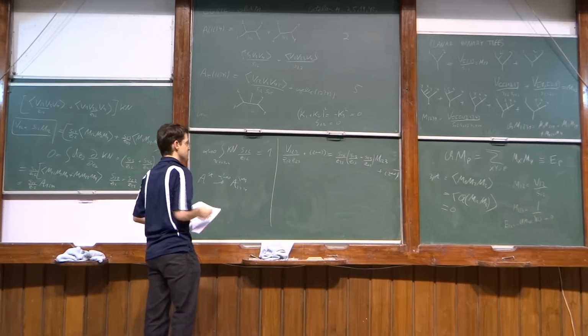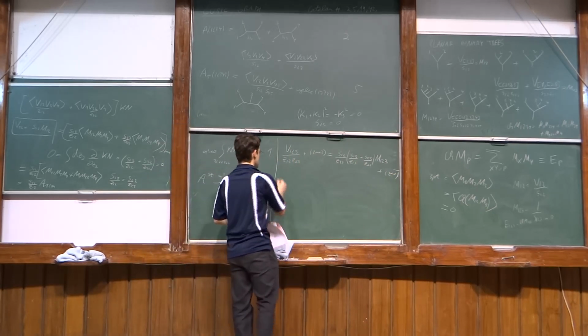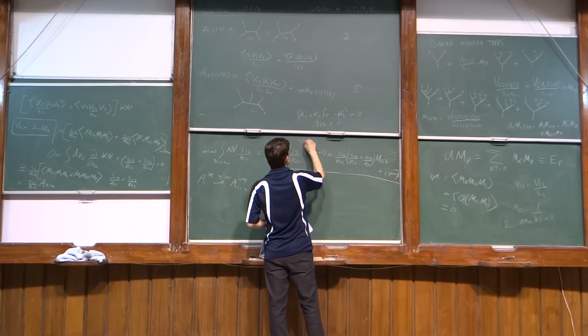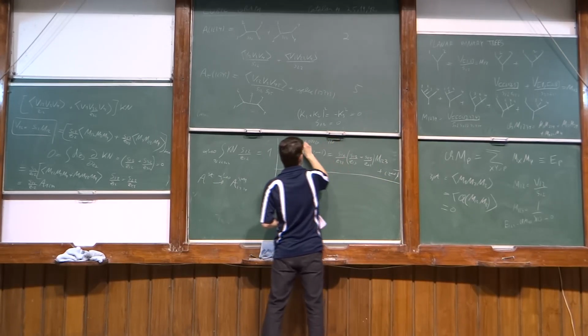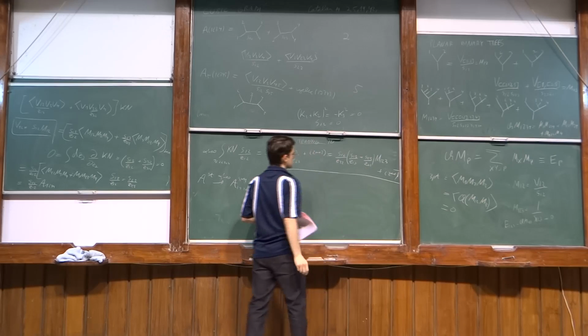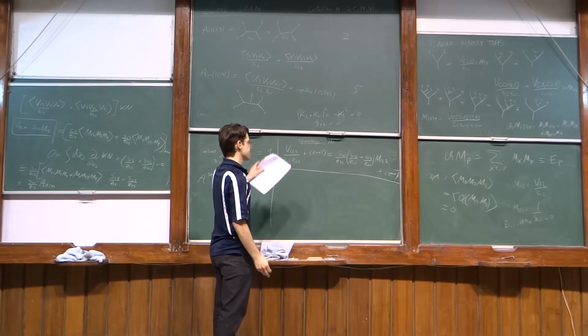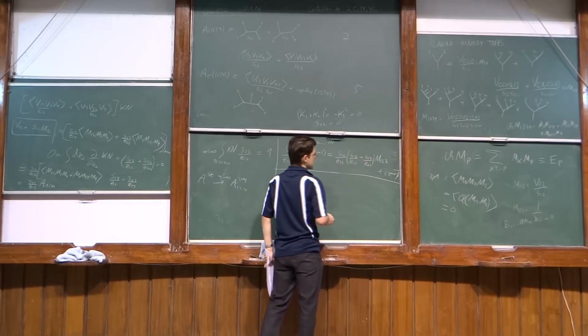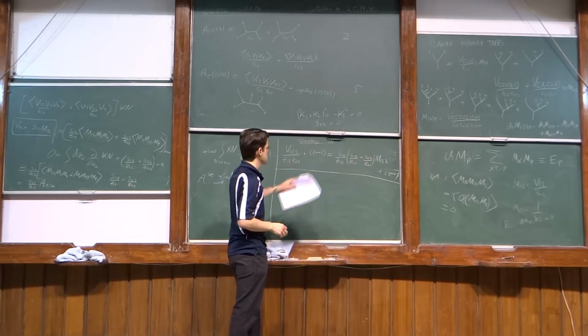And so that's what we call the trading identity. Because we trade V's by M's. And it's quite a non-trivial identity if you think about it.